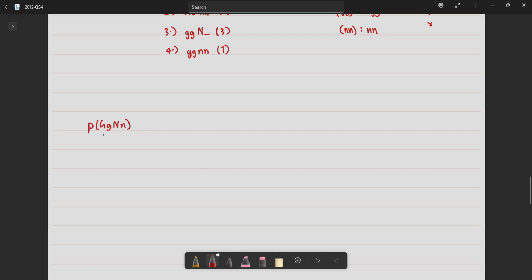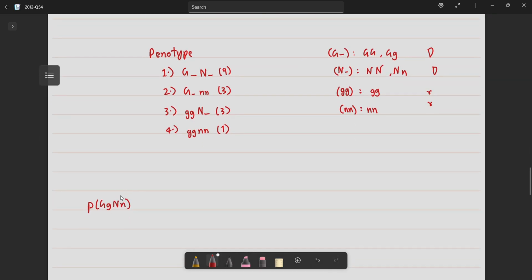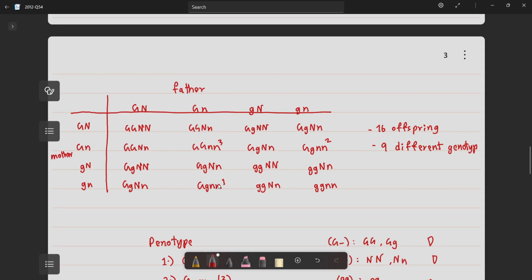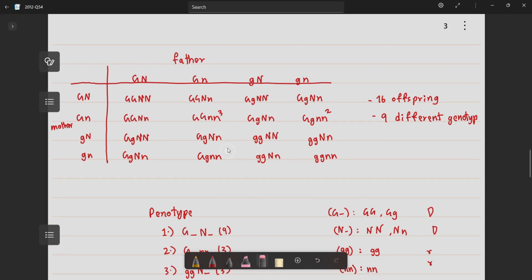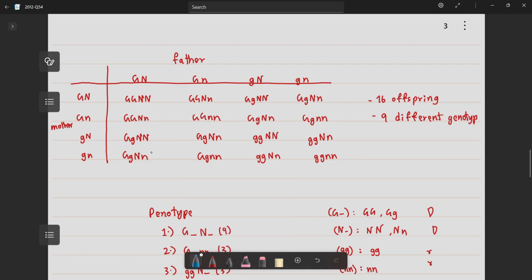Heterozygous for that gene and heterozygous for the other gene. So we look for this particular genotype in this table. I'm going to erase this off. If I count, I find four of them. One, this is the one genotype I found. Two, three, four.